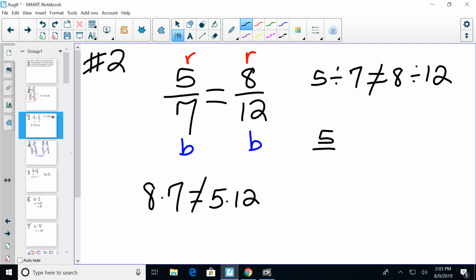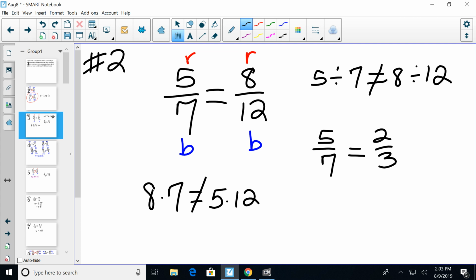So we have 5 over 7. What is 8 over 12 reduced? Almost. What is 8 over 12? Which is 2 over 3. Does 5 sevenths equal 2/3?